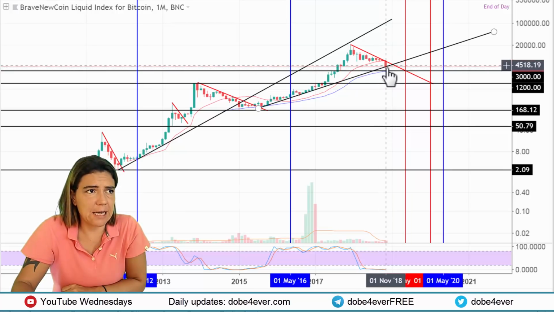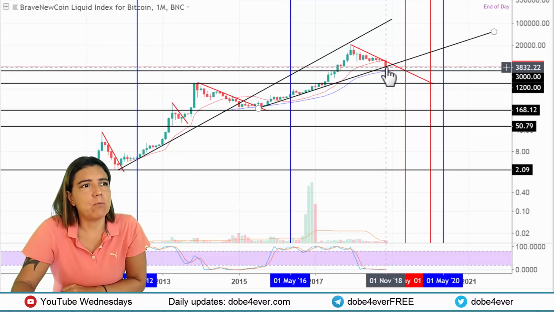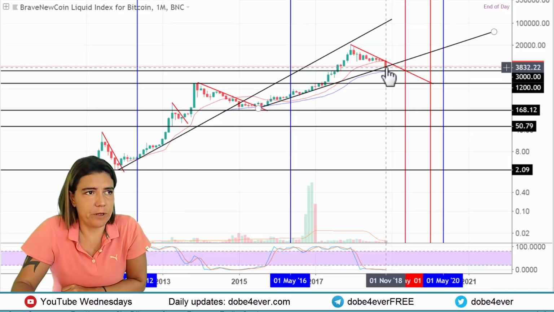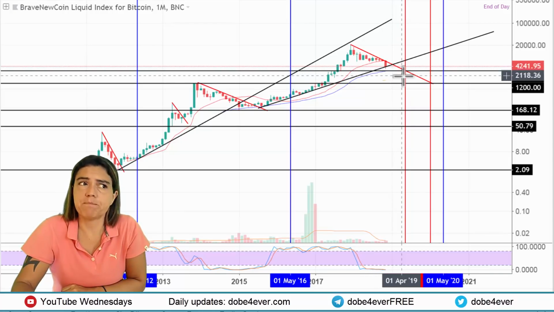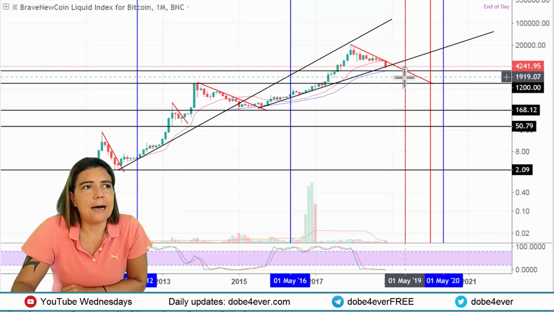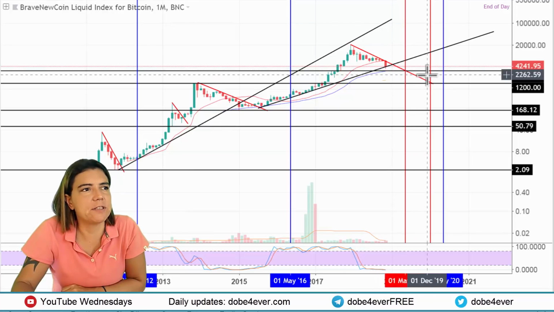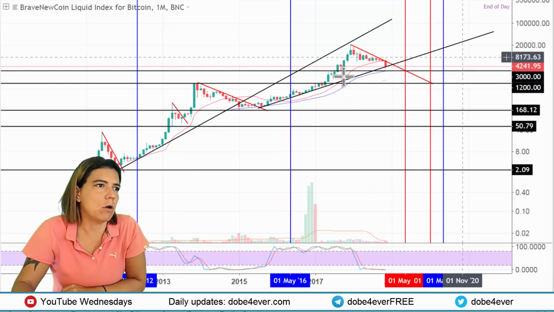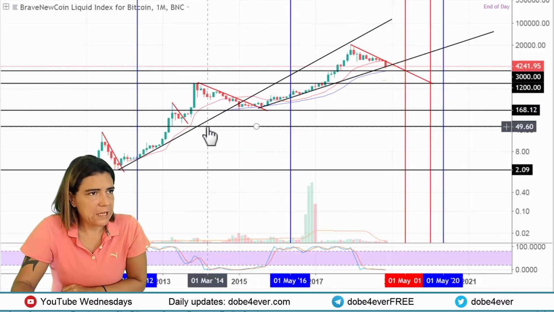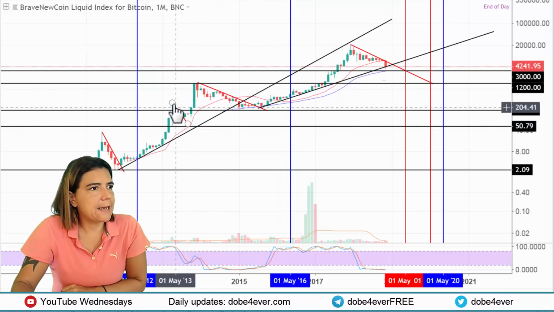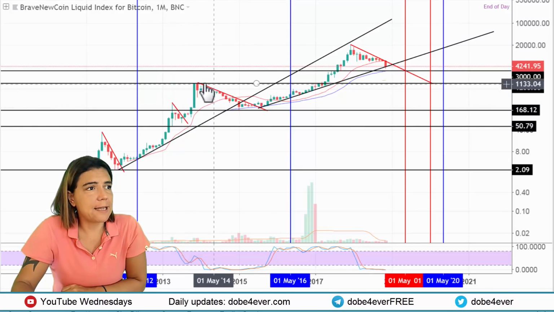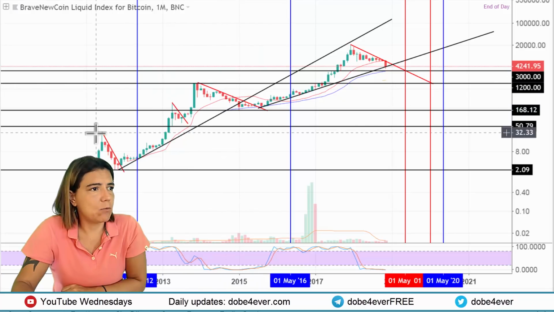The monthly candle hasn't closed yet, but I would expect this trend line to be broken at some point, find a bottom below the trend line, and then start another uptrend, again less vertical than the previous one, and so on.